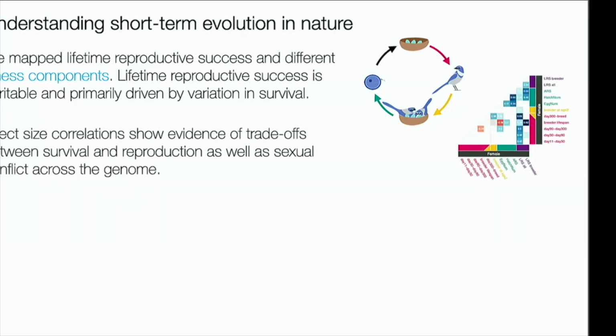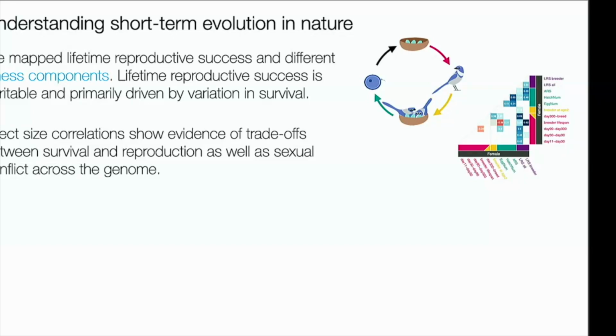In our effect size correlations across the genome, we see evidence of trade-offs between survival and reproduction. We also found trade-offs between early survival versus later survival, and some evidence of sexual conflict across the genome, which suggests that antagonism may be playing an important role in maintaining variation in our population.